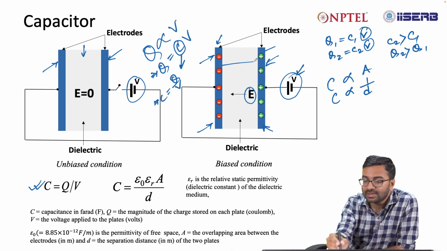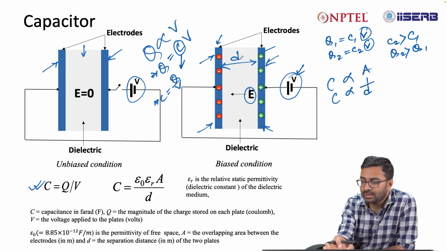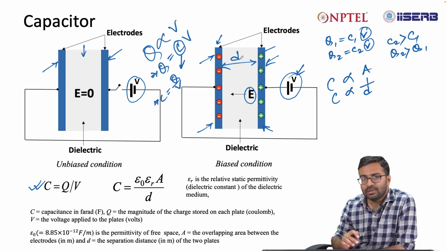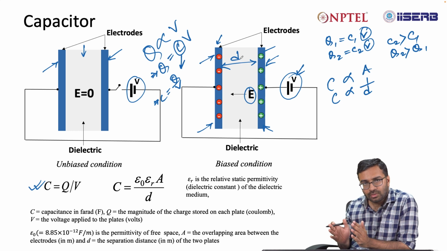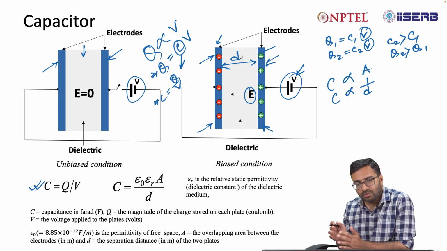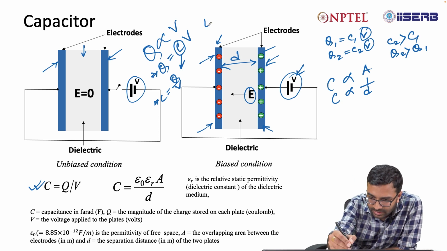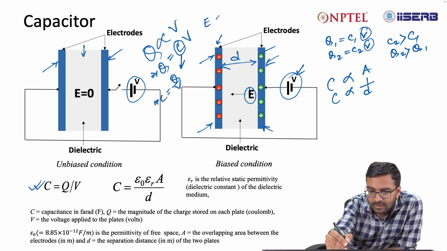If we increase this distance d, that is the distance between the parallel plates, you will find that the capacity of storing charge will decrease. Why? Because your electric field will decrease. Electric field is nothing but your applied voltage by d, right? So if your d is high, your E will be less.